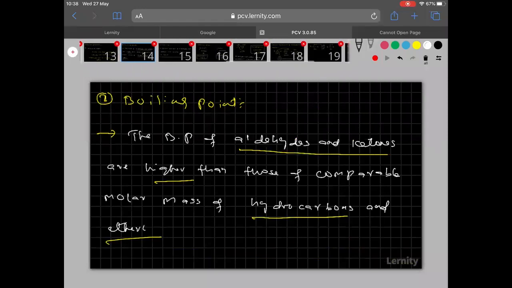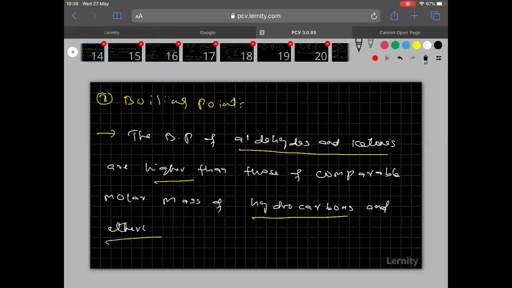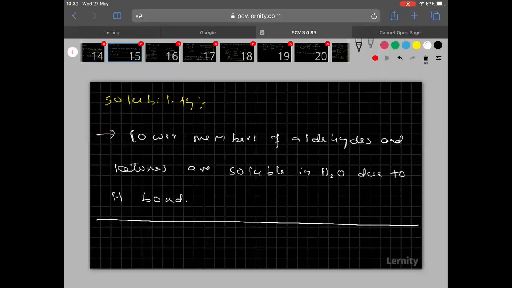Now this is the fourteenth one. Fifteenth slide.